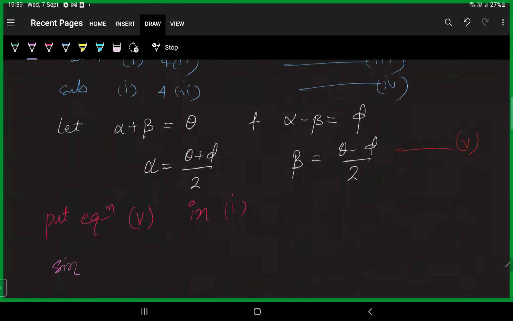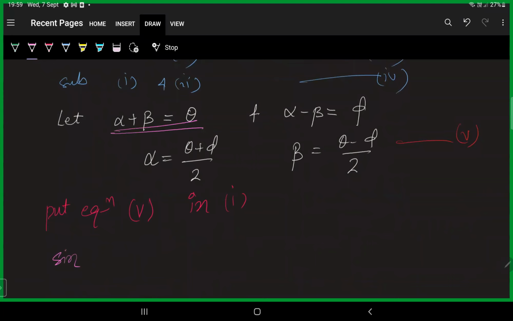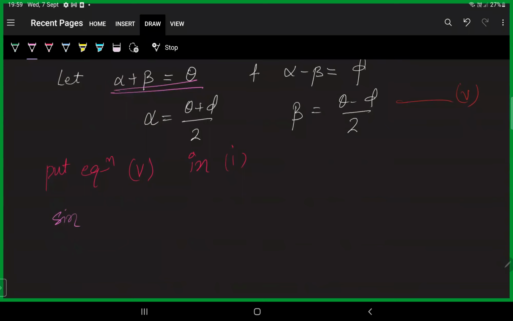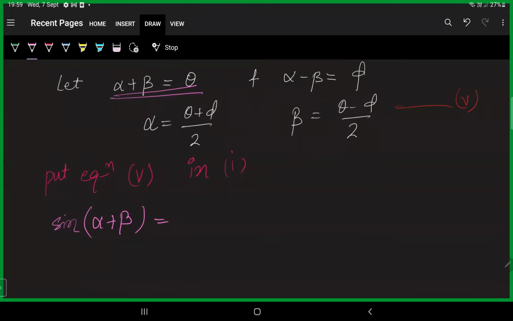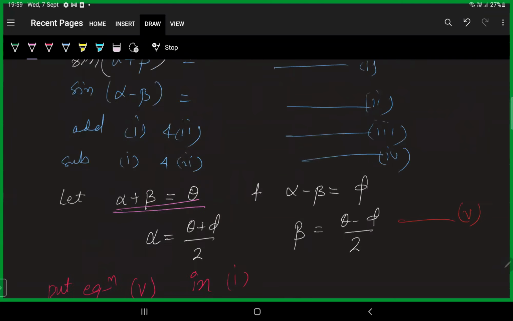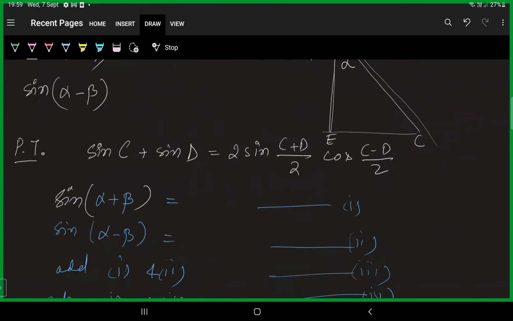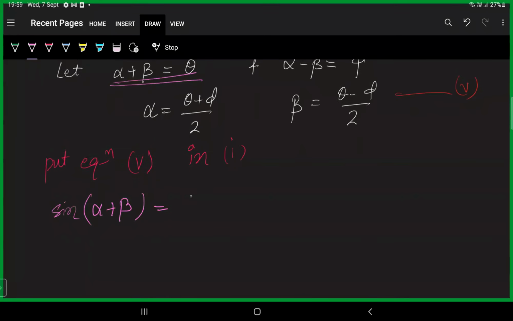So alpha plus beta is what? Cos alpha sin beta plus, okay, so cos alpha, right?